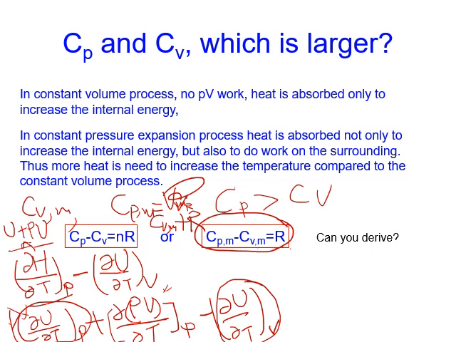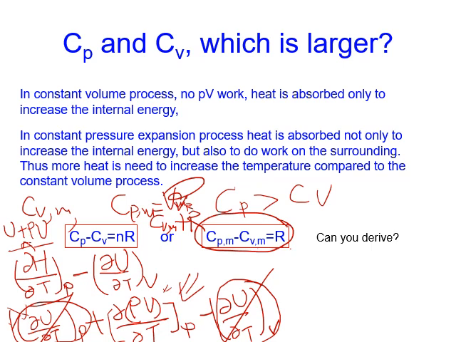So internal energy is determined only by temperature, and therefore the first and third terms will be the same, because both are about internal energy change with temperature. Pressure and volume do not affect internal energy, and therefore we only have the PV derivative over temperature under constant pressure.